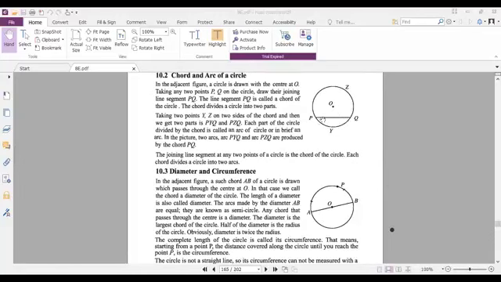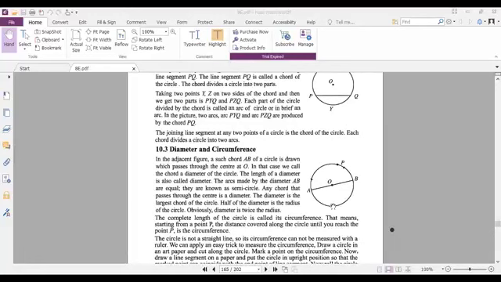When this chord is passing through the center, then a diameter is formed. The length of a diameter is also called the diameter.